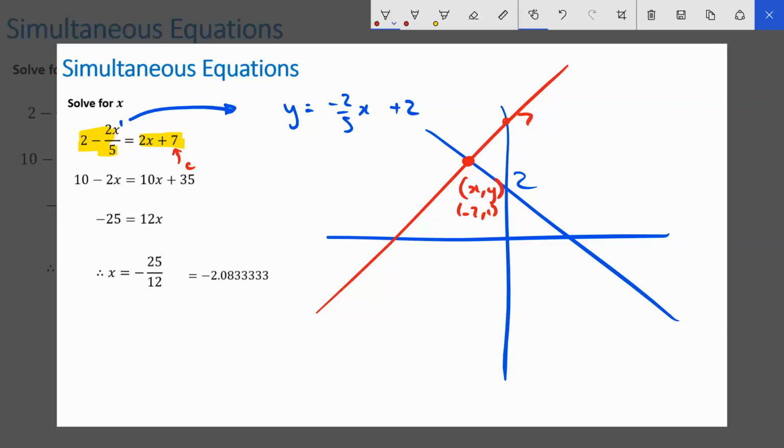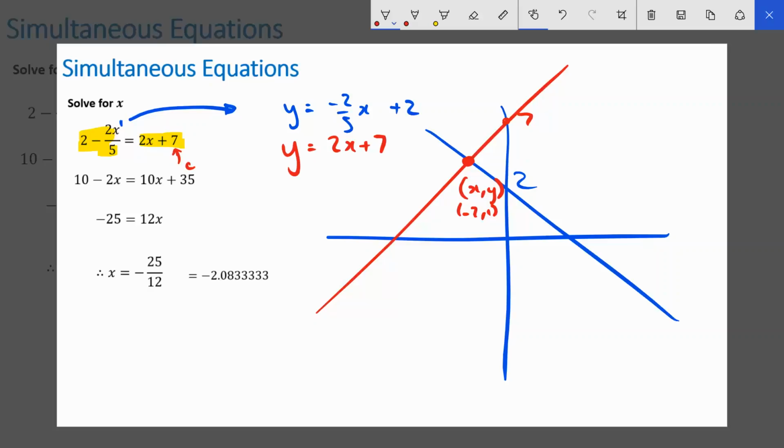So what does that mean? That just means that for the red equation, y equals 2x plus 7, what you're saying is these two y coordinates, if this was 1, the x values should be negative 2. That's why you can say, oh, that means these two y values are just the same. If they're just the same, well, why don't I just write 2x plus 7 here? That's why you equate it.